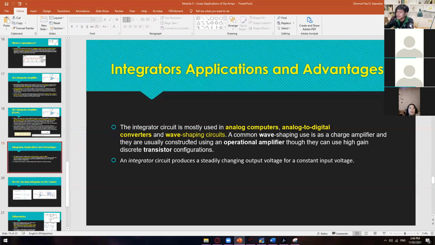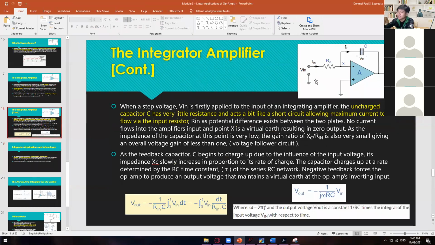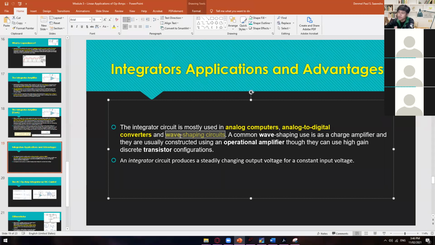The only thing that we can do right now using our LTSpice is the wave shaping circuits. With the use of an integrator, we can actually control the shape of the outputs of your circuit, or of your waveform.